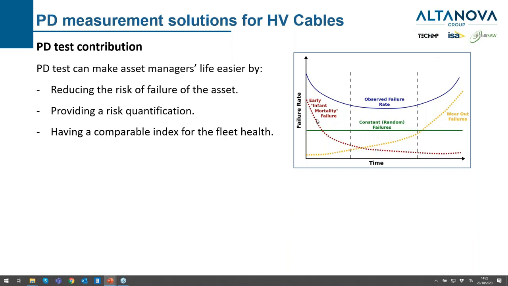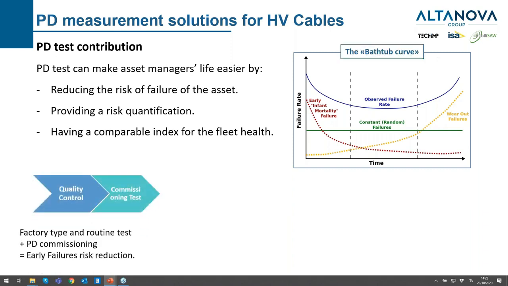We can, for example, pull down the failure risk at the beginning of the life of the asset by testing the cable during the commissioning with PD. We can reduce the random failures of the cable by doing spot testing or permanent monitoring, and we can fight the wear out failures of the high voltage cable by permanent monitoring.